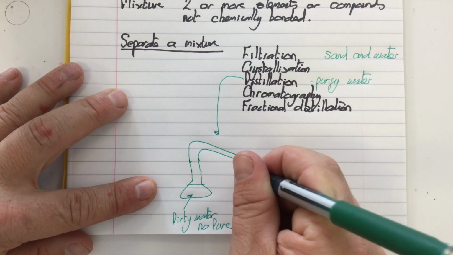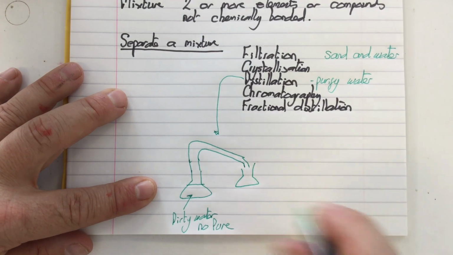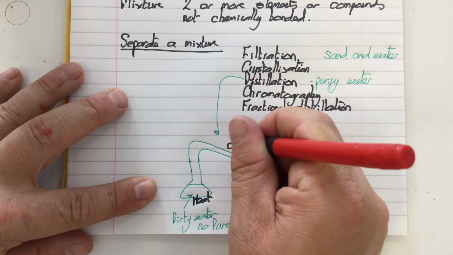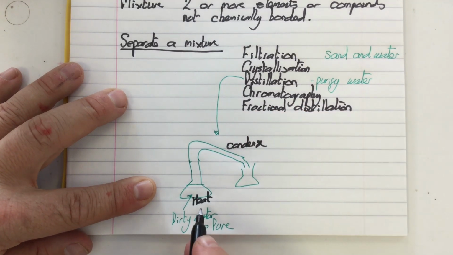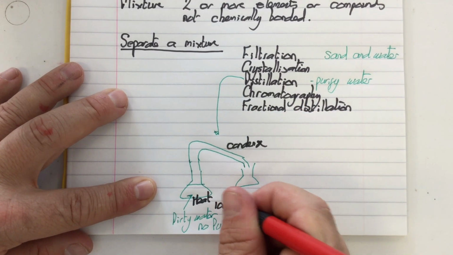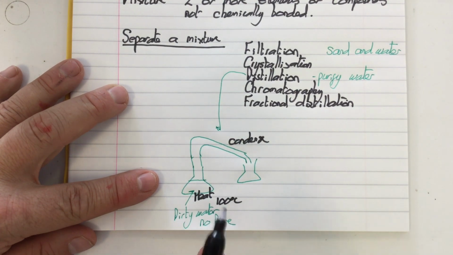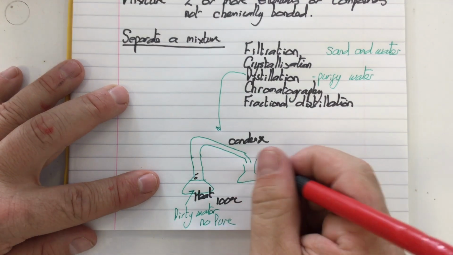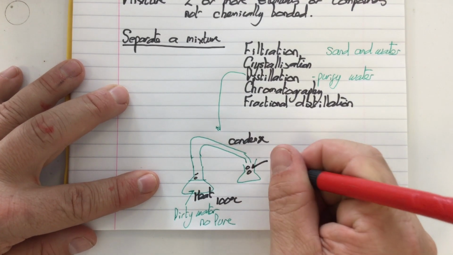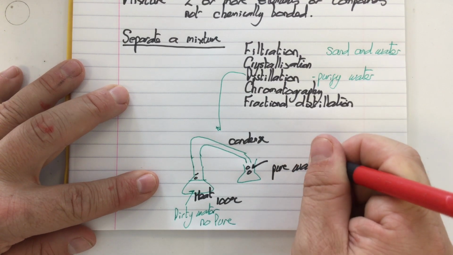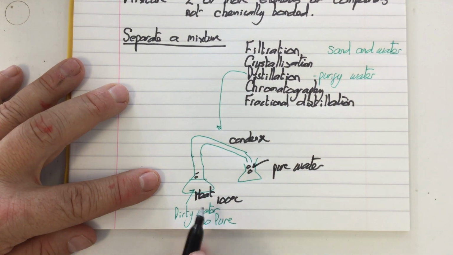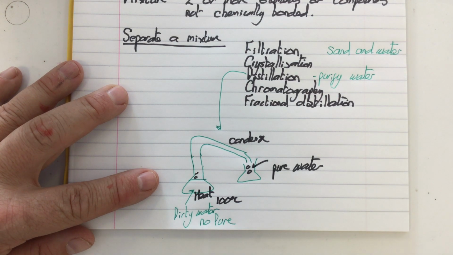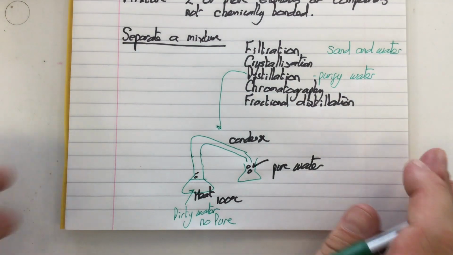So it's all sort of dissolved into it. So what you have to do is you have to heat it first and you have to condense it. And if you heat it at 100 degrees C, you'll find that the water will start to boil and the water will then condense. And in here, you will start to see pure water forming. And all those other horrible things that were in the dirty water will stay there. So that's how you can purify water. Is that all right? Yeah. Okay.